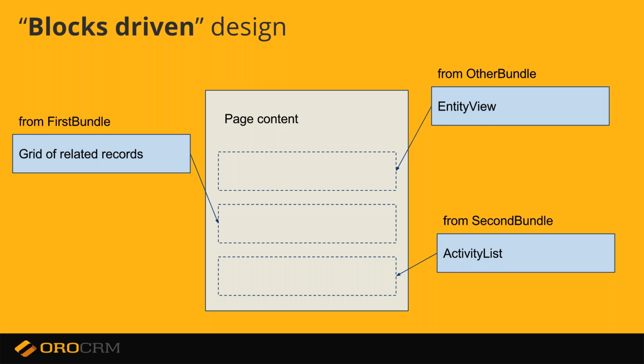In other words, instead of using one big solid controller for the page, for a certain page on the client side, we use numerous smaller ones with a dedicated role, such as data grid, activity list, calendar, and etc. We call them page components. They have the same responsibility as controllers.